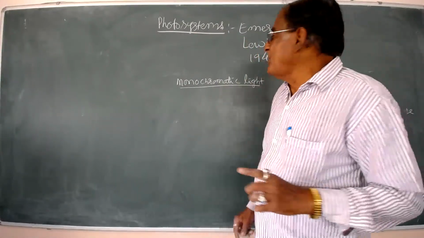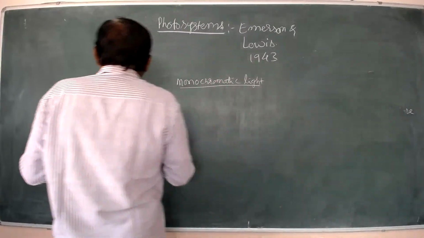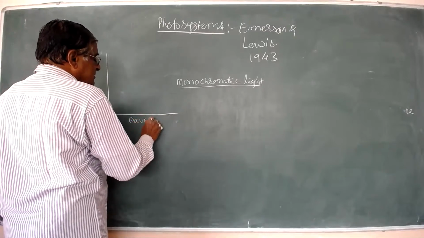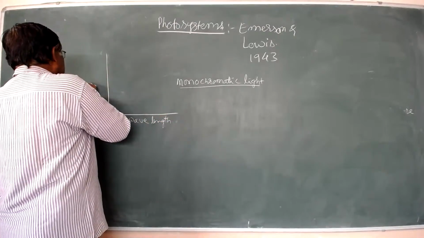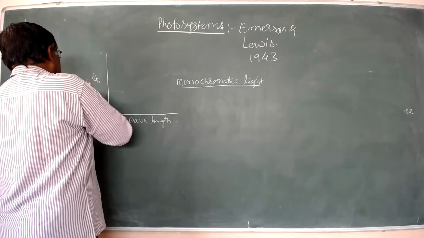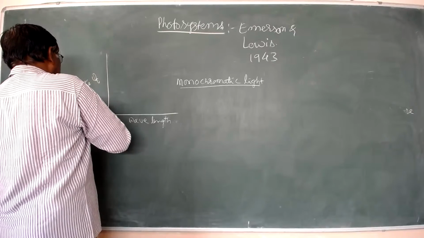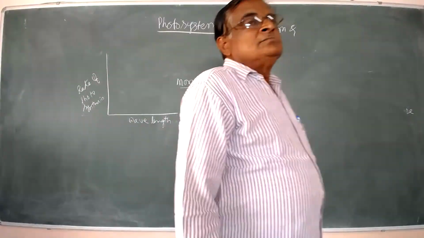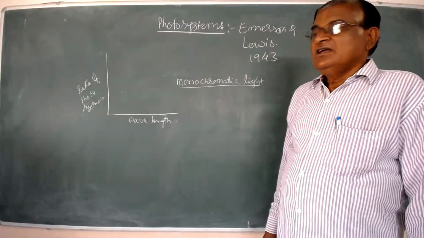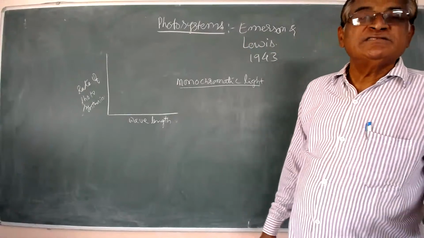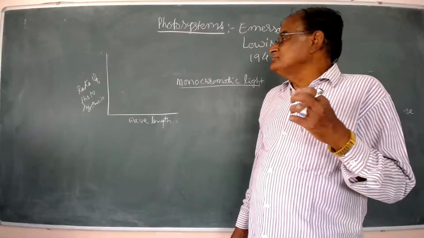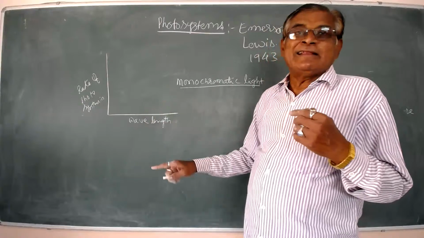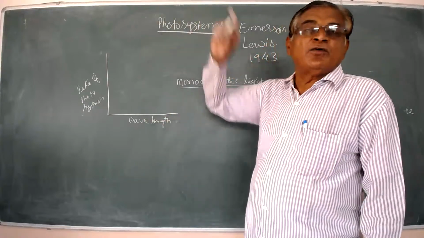He plotted the graph of wavelength against the rate of photosynthesis. He was calculating indirectly in the plants, plotting the wavelength of the monochromatic light at different wavelengths against the rate of photosynthesis.